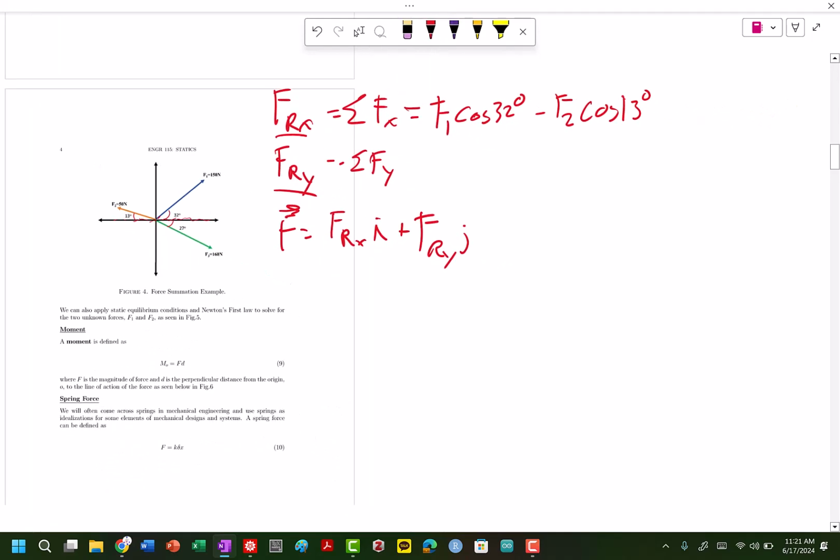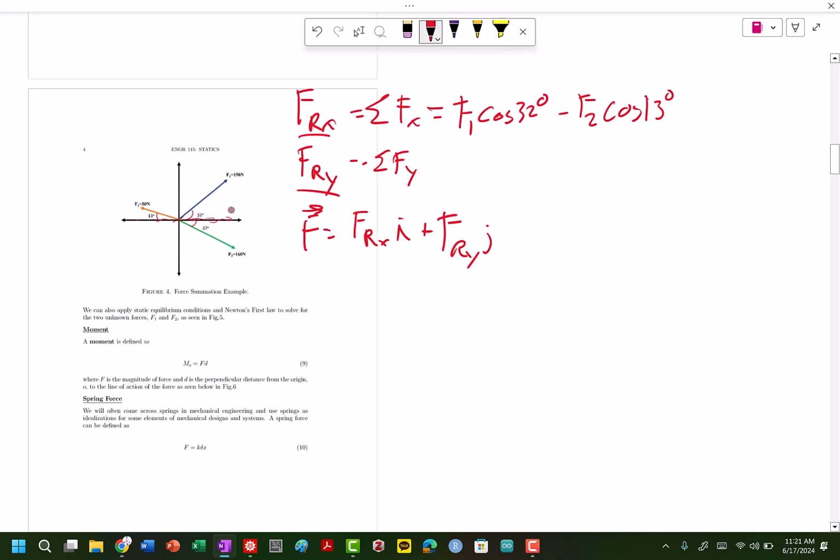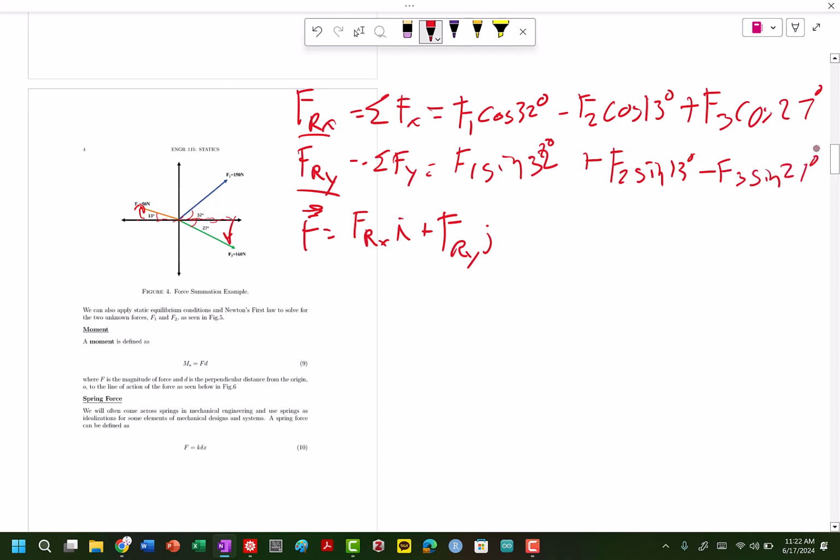And finally, in this direction, plus F3 cosine of 27 degrees. For the y direction, it'll be F1 sine of 32 degrees, plus, because this will also go in the positive direction, F2 sine of 13 degrees. But this will go in the minus direction, so minus F3 sine of 27 degrees.